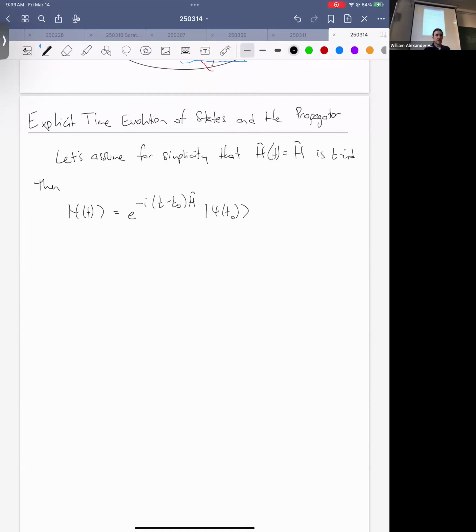Okay, so how do we proceed? We know that the Hamiltonian is Hermitian. How would you say you know that the Hamiltonian is Hermitian?